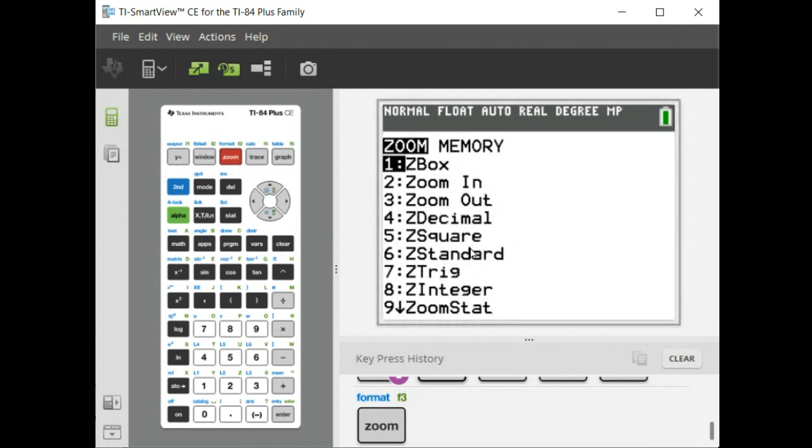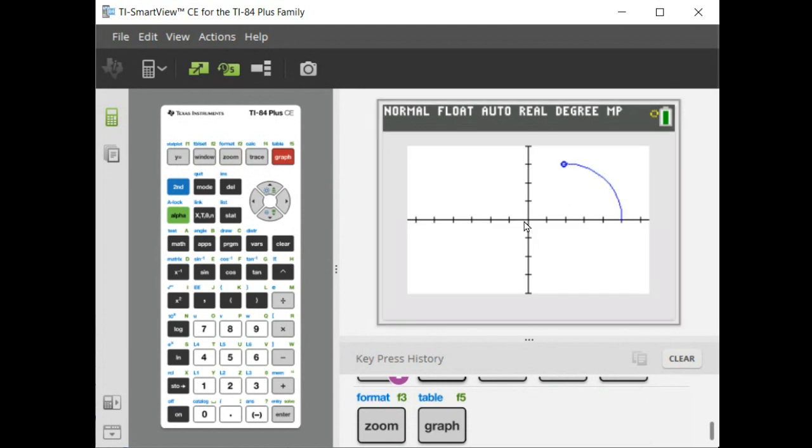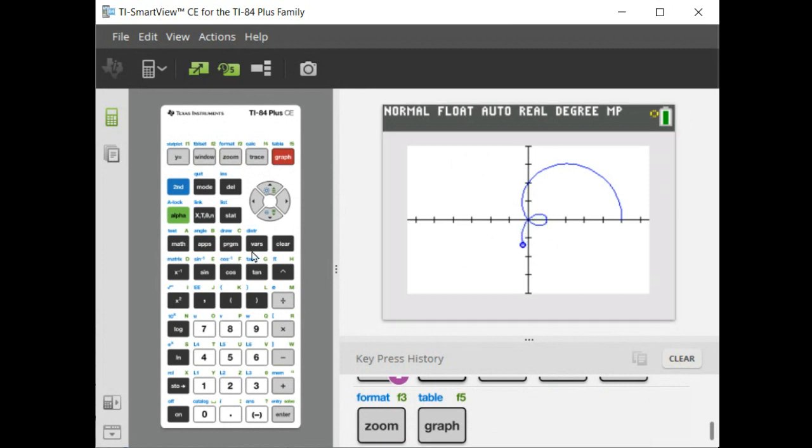But after you do zoom 6, now go back and do zoom 5, zoom square. Yours should look a little bit smaller than this because zoom standard is 10 by 10. Okay, let's go back. Thank you. You're welcome.